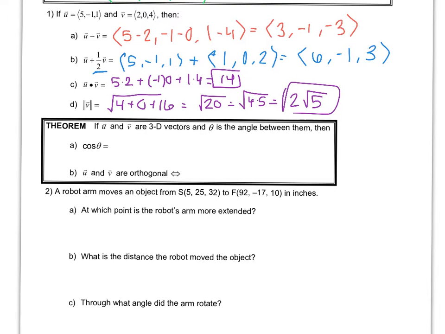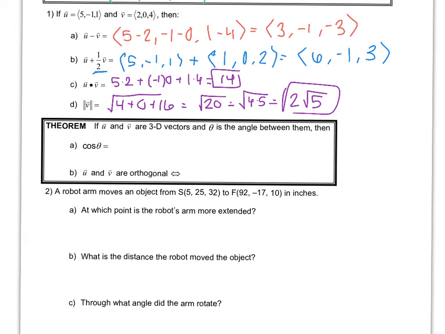So now let's look at angle between two vectors in 3D space. We've already covered the formula for the angle between vectors in 2D space, and I have great news for you. It's the exact same thing in 3D space.